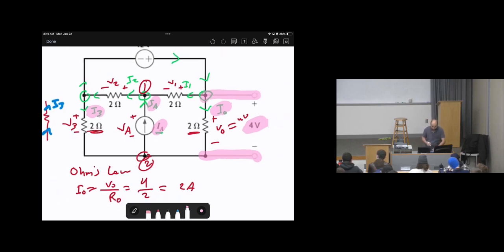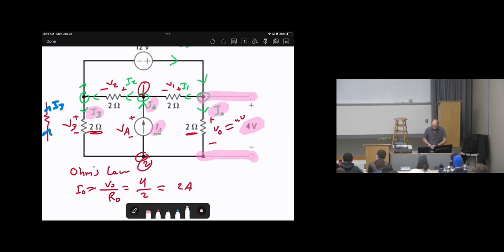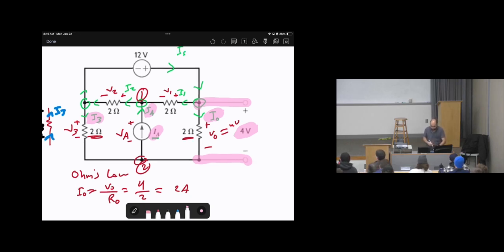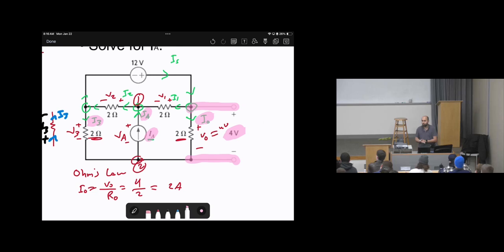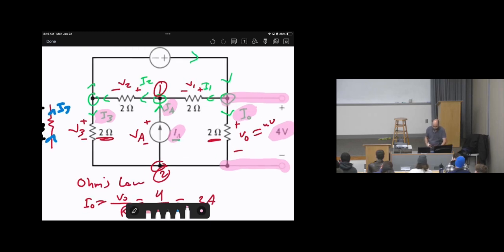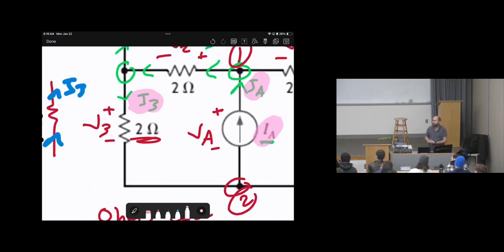So since applying KCL will not help me now, let's do something else. Look for a way such that there is only one unknown, KCL, KVL, Ohm's law. Now, let's look for KVL such that there is only one unknown. I said, in order to apply KCL for node 2, we need to know I3. So let's look at I3. How can I find I3 in this type of situation?